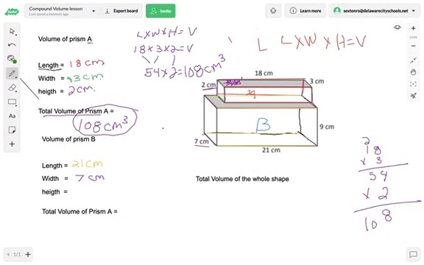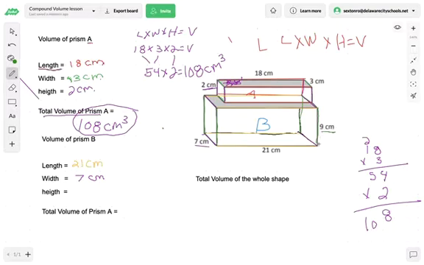All right. So the height is always how far it is up and down. That means this one, that means this one, that means this corner, and that means this corner. They're all going to be the same. Do you see that? So it doesn't matter which of these are labeled. If I know what the length of any of these are, I know what they all are. The green corners are 9 centimeters.